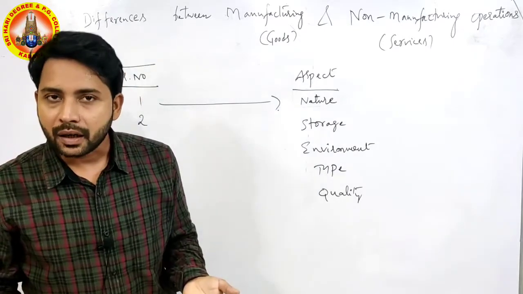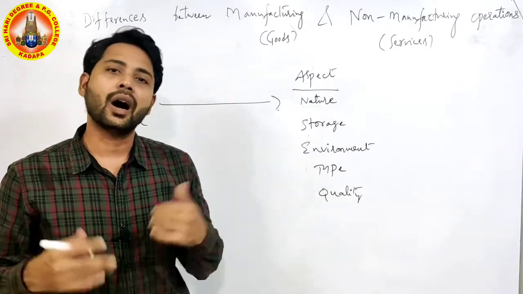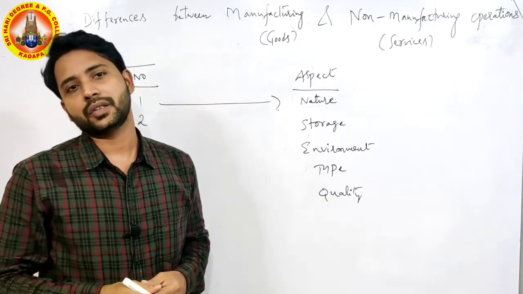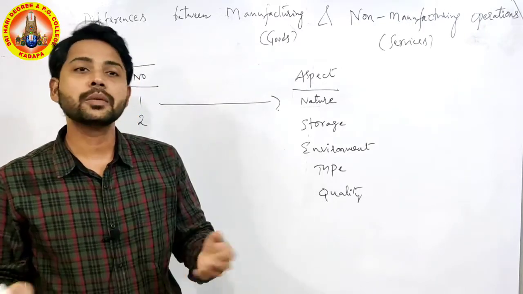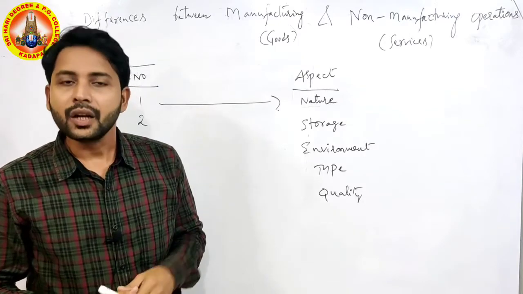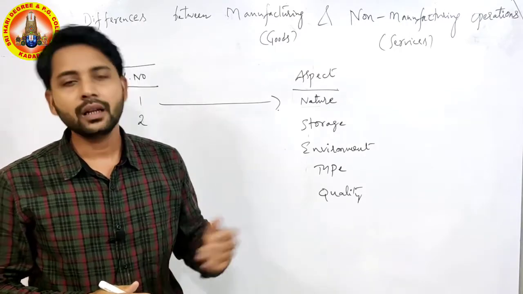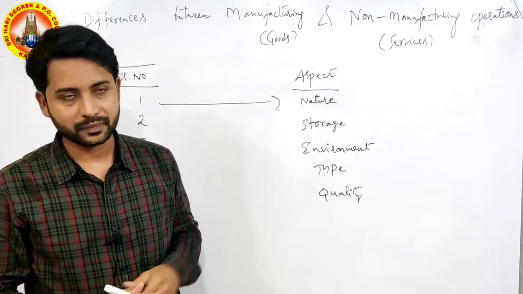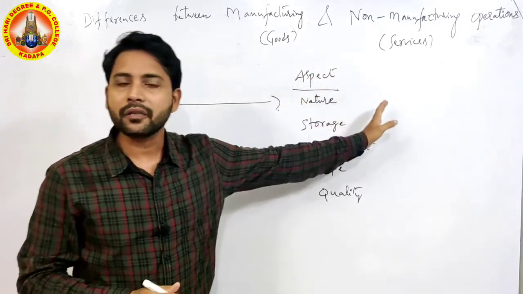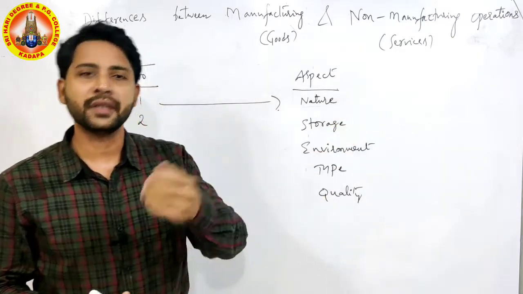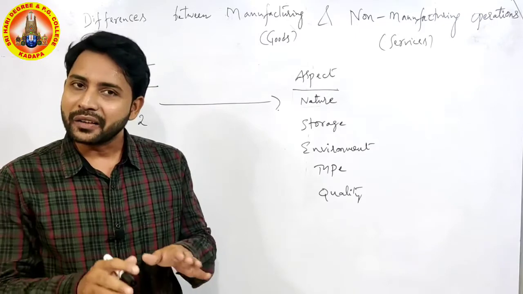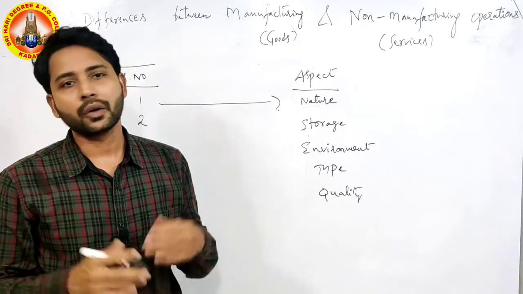All manufacturing operations are involved in the production of physical commodities. They are tangible in nature. It means you can see, feel, or touch those commodities or products. Whereas non-manufacturing operations or services are intangible in nature, because you can feel the service but you can't see it.